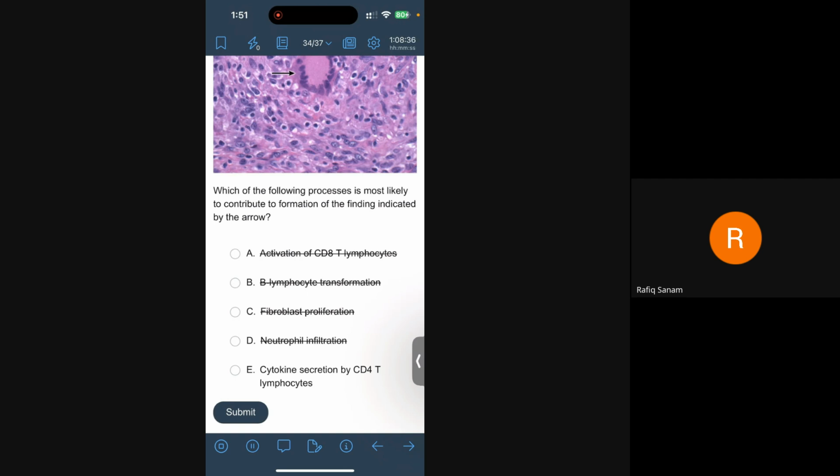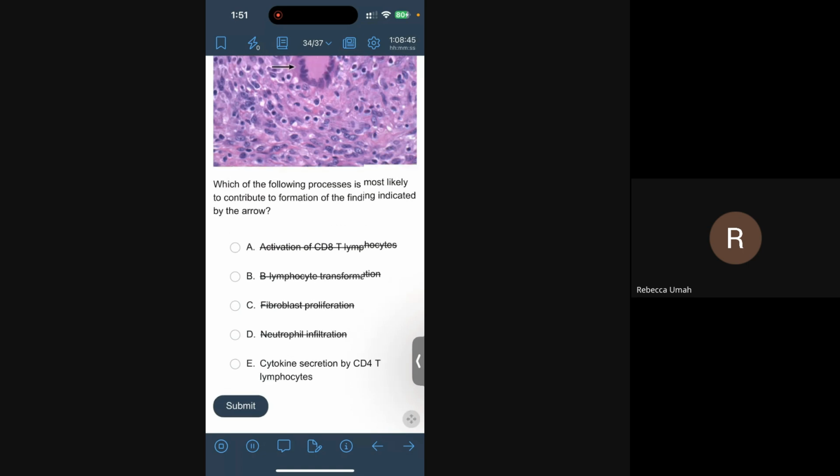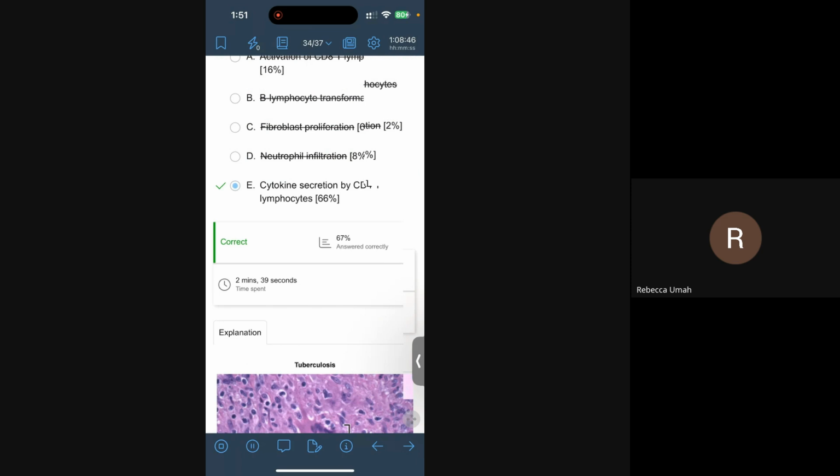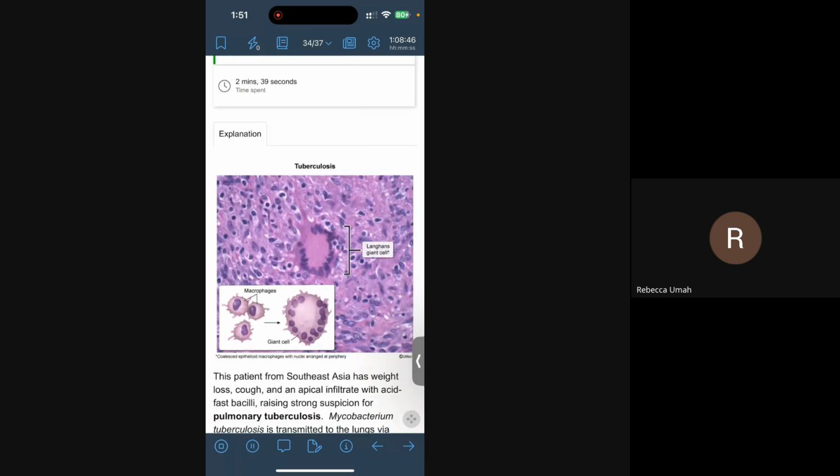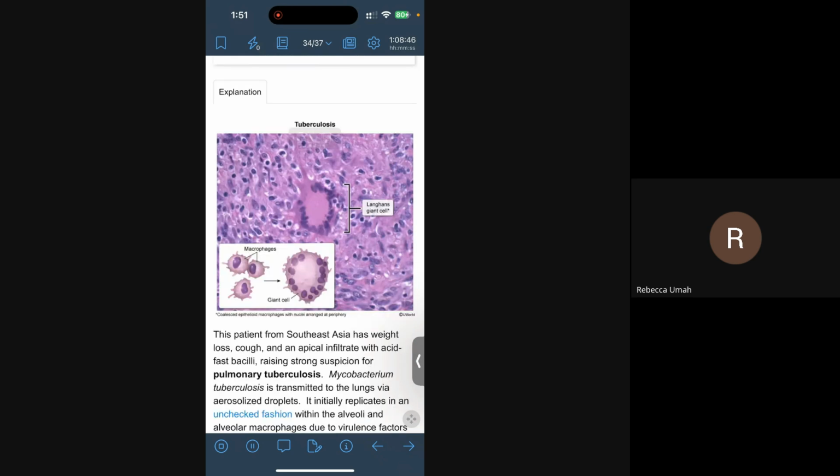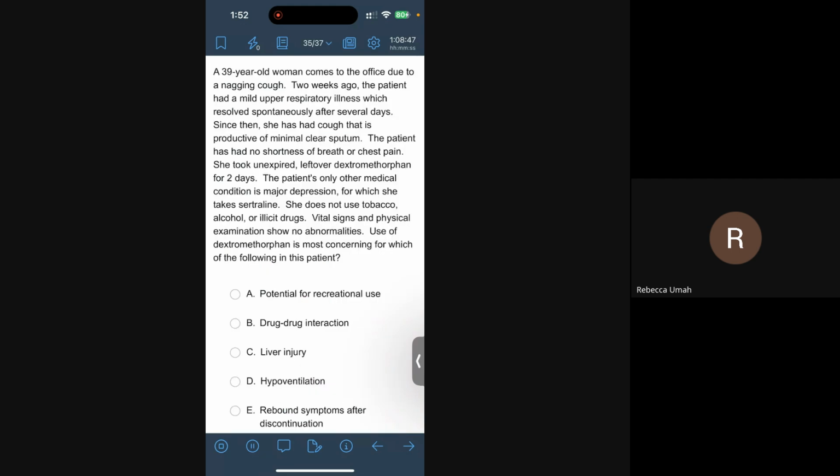And that is going to cause the change of a macrophage into a multinucleated giant cell. You can see that it has many nuclei. So very good, it is a multinucleated giant cell.